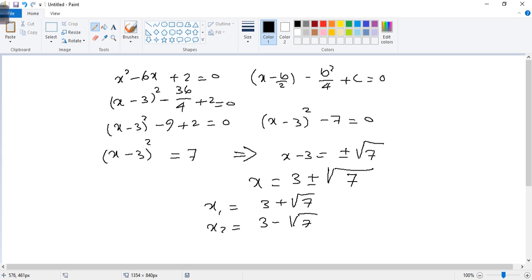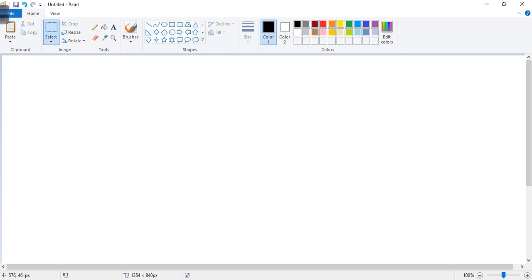Let's have another question. We have here x squared minus 5x plus 3 equals 0. We have x minus b over 2 squared minus b squared over 4 plus c equals 0.